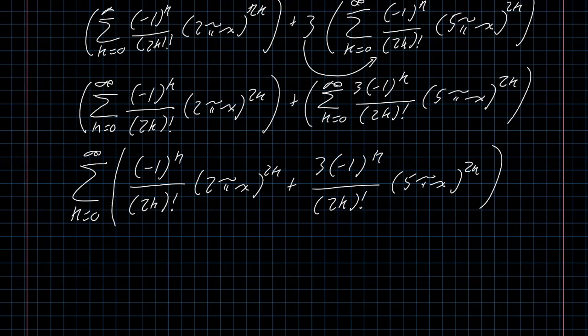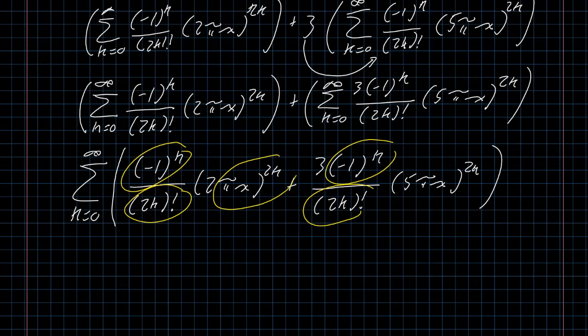Then I start noticing that some of these things are in common between the two. Both of these terms have a negative 1 to the k. They both have a 2k factorial. They both have a pi times x to the 2k power. And if I can just split out the rest of this, then I can simplify quite a bit more.